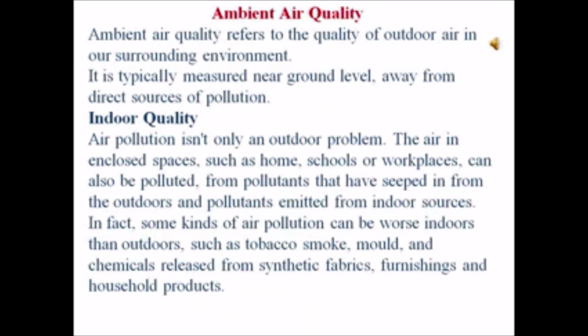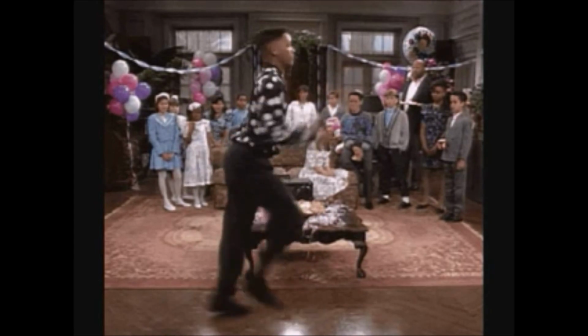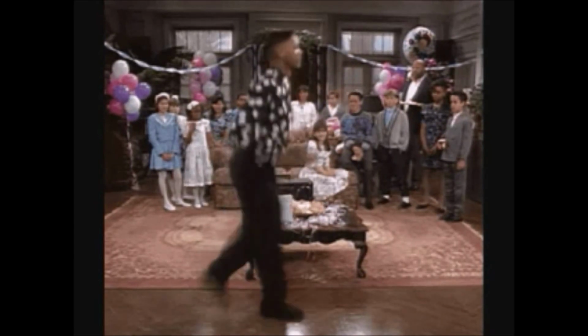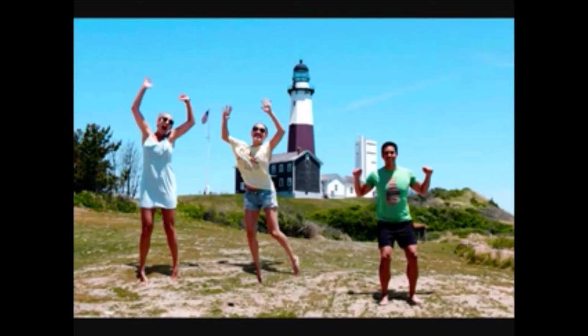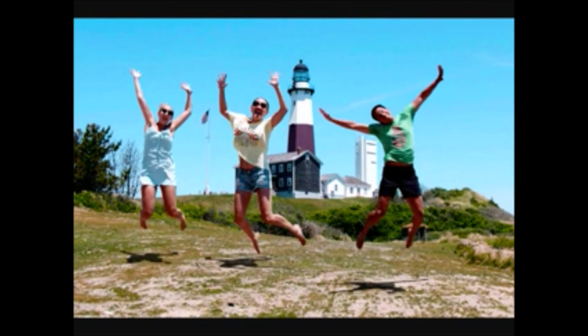Ambient air quality. Ambient air quality refers to the quality of outdoor air in our surrounding environment. It is typically measured near ground level, away from direct sources of pollution. Indoor quality. Air pollution isn't only an outdoor problem.